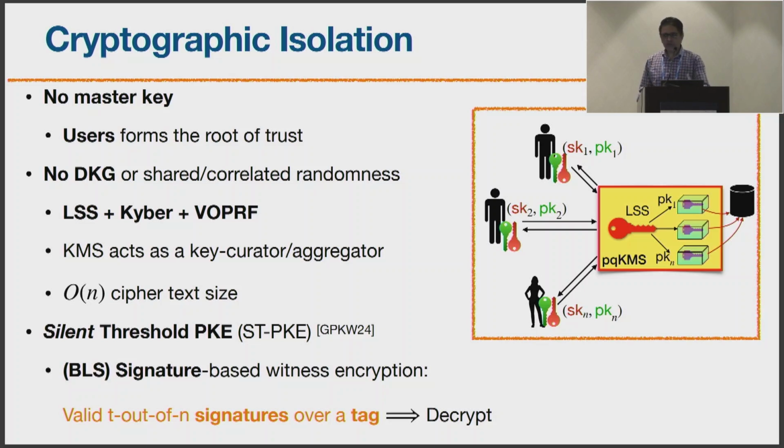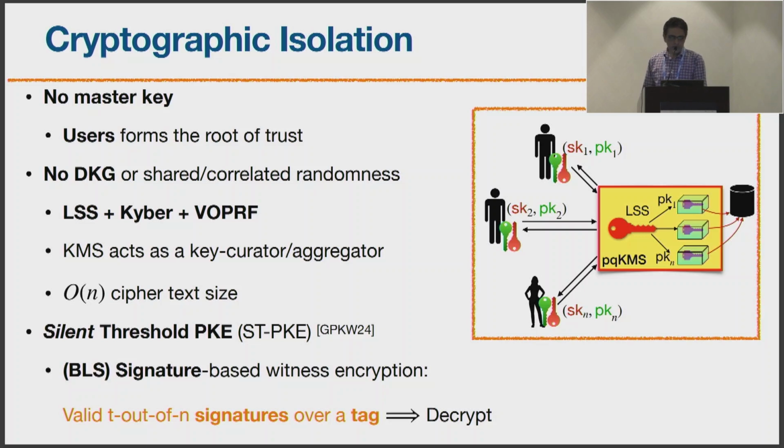And we are basically using thresholding, but thresholding has traditionally required either a centralized dealer or a distributed key generation for it to work. We didn't want distributed key generation and we didn't want any correlated or shared randomness.